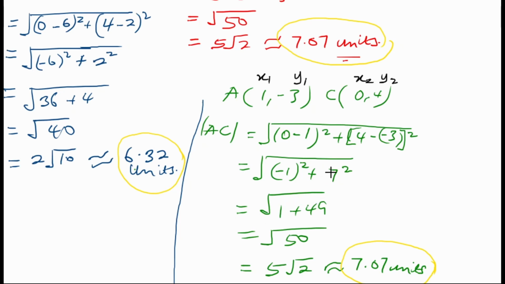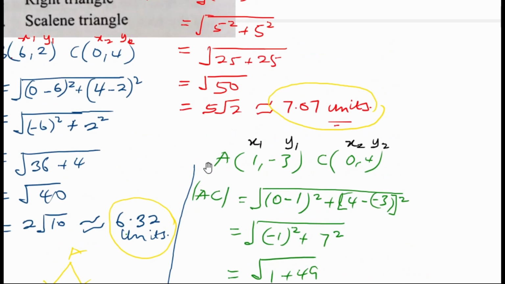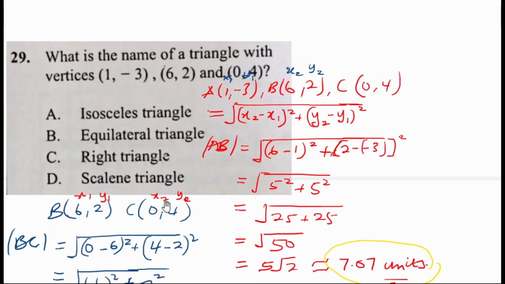Or assuming I want to sketch that triangle, I'm going to have something like this. Let me label it A, B, and C. So AB and AC are equal, and the triangle that has this quality is an isosceles triangle. It has two sides equal. So the answer is A.